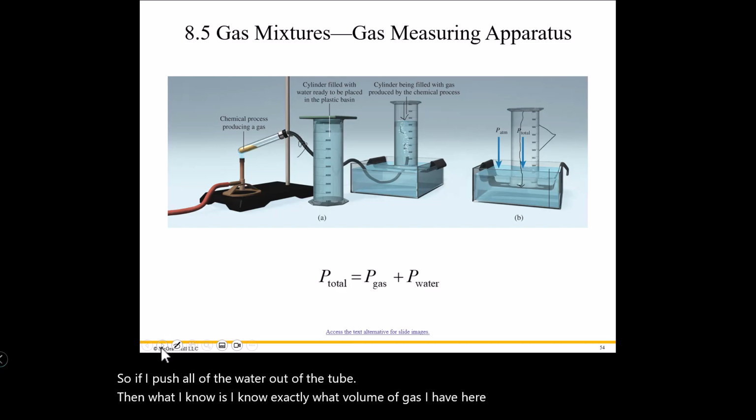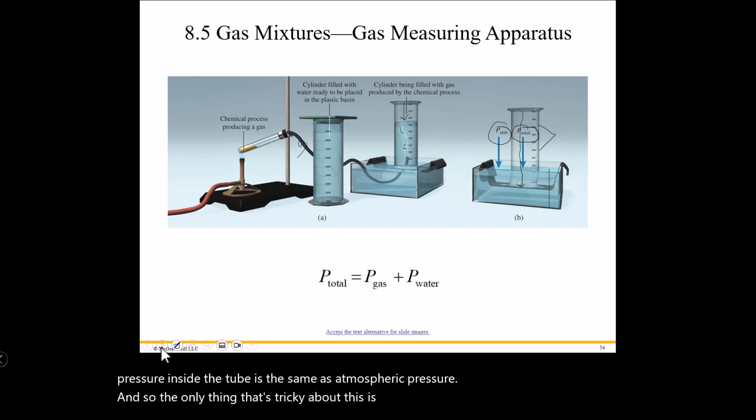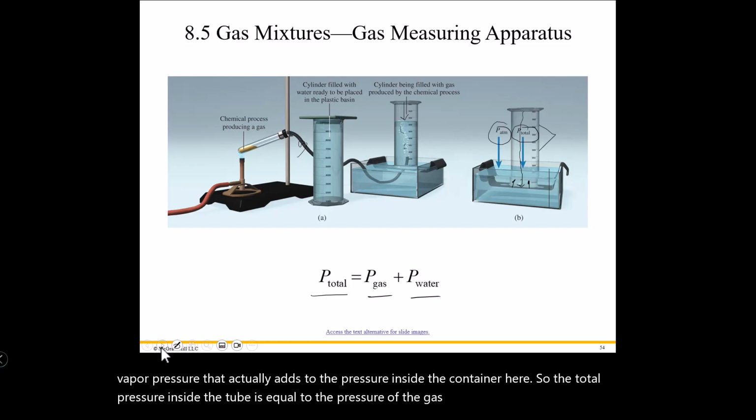I know that the total pressure inside the tube is the same as atmospheric pressure. And so the only thing that's tricky about this is the pressure of the water. Water actually has a vapor pressure that adds to the pressure inside the container here. So the total pressure inside the tube is equal to the pressure of the gas plus the pressure of the water.